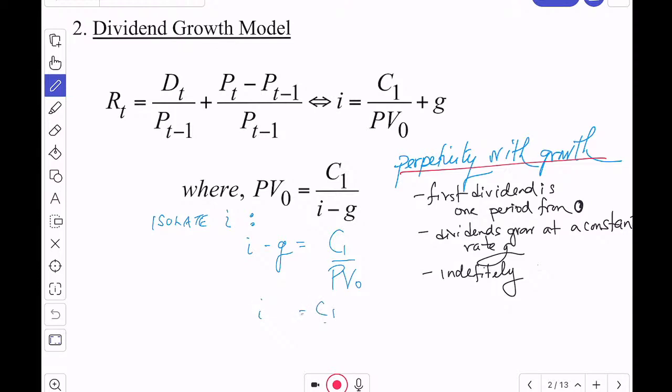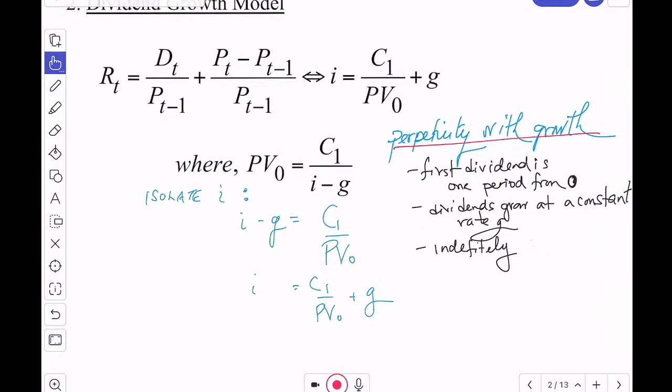So I equals C1 over PV0 plus G. So if these assumptions were in place, then the return would be constant. And it would be this number.